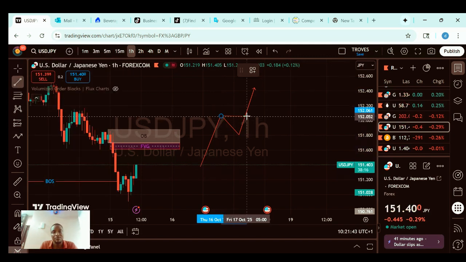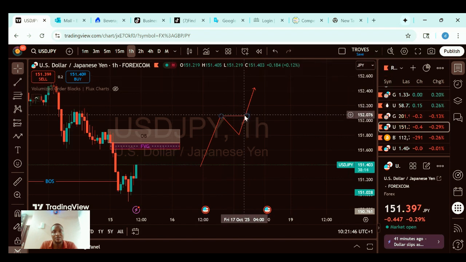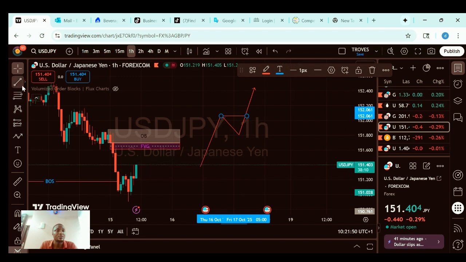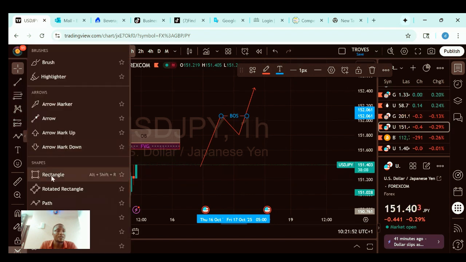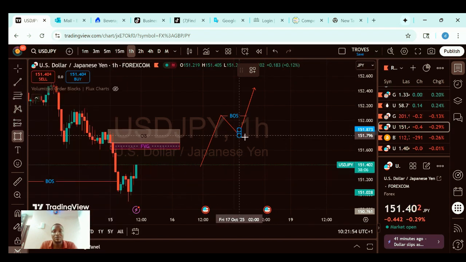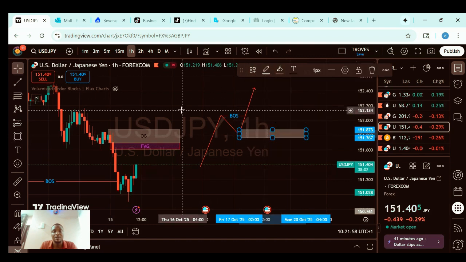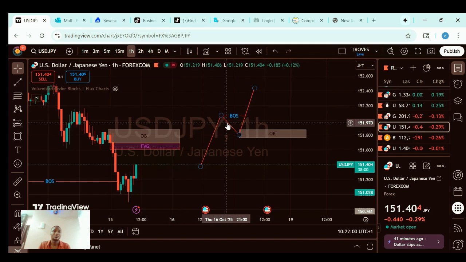So there's also a break of structure here, BOS, and there is also an order block because this is the origin. There will definitely be an order block here. So that is it.